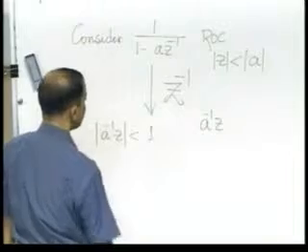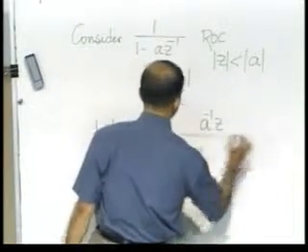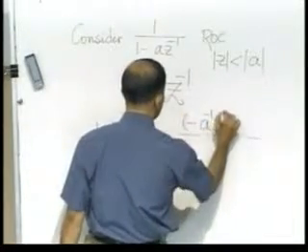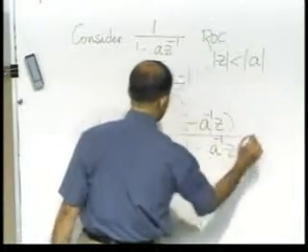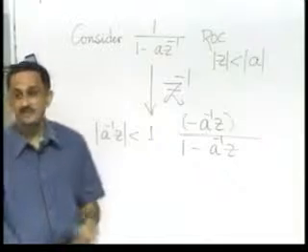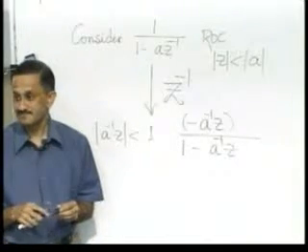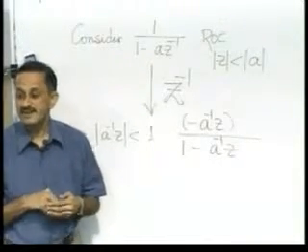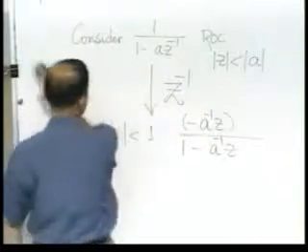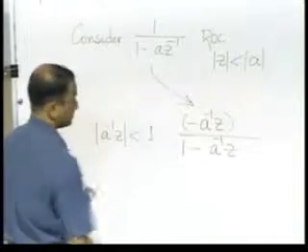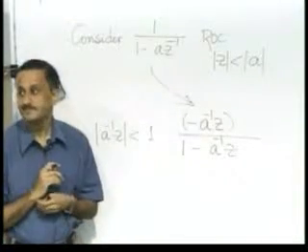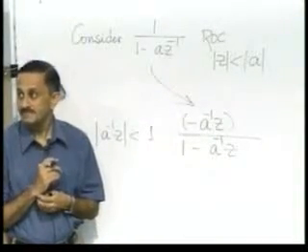So we have minus a inverse z divided by 1 minus a inverse z. Can you see that? This is an alternate way to write this expression. I'm just rewriting the expression in this fashion. Is that right?